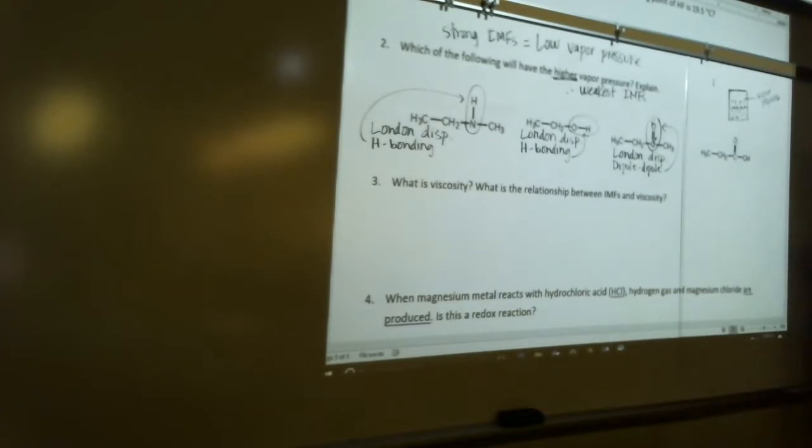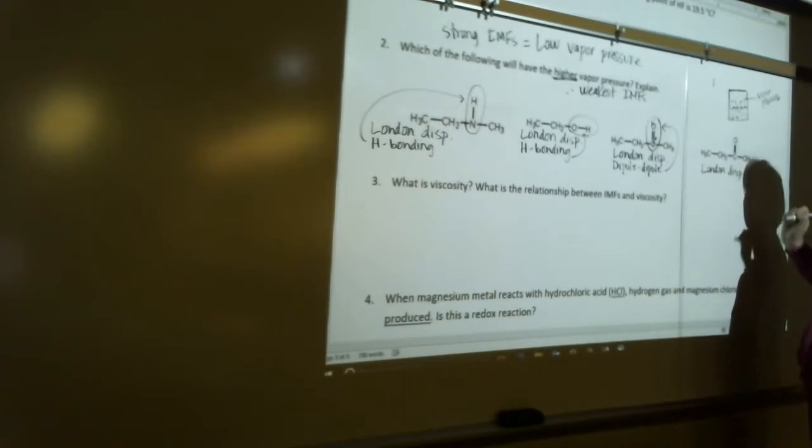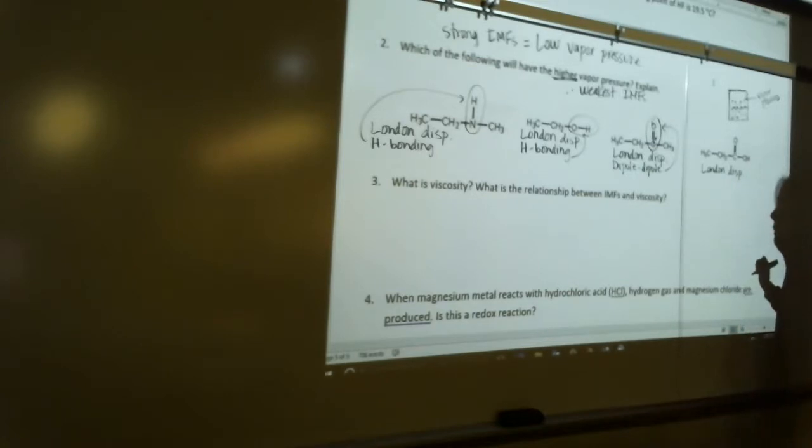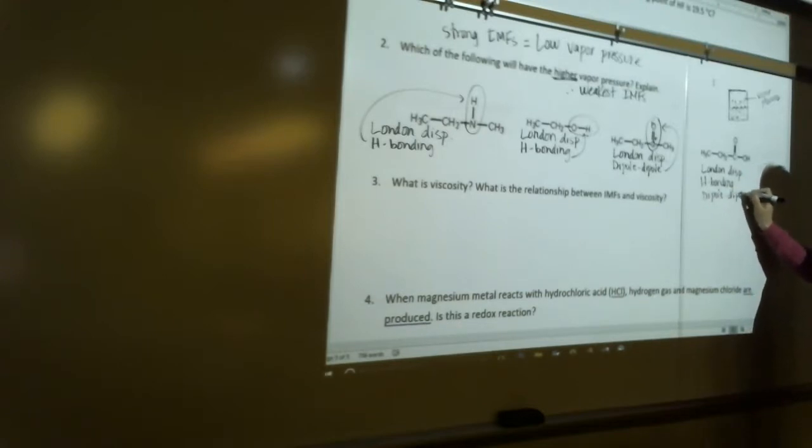And then lastly, London dispersion, of course. Anything else? There's hydrogen bonding and dipole-dipole, right? What's this functional group called?